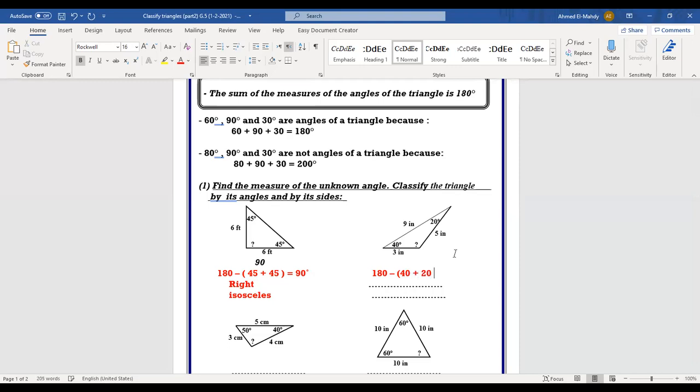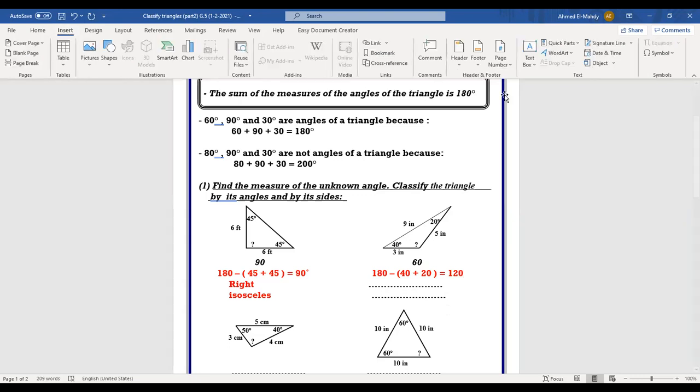We add firstly. 40 plus 20 equals 60. Then when we subtract 180 minus 60 it will be 120. Thank you, Hamid.